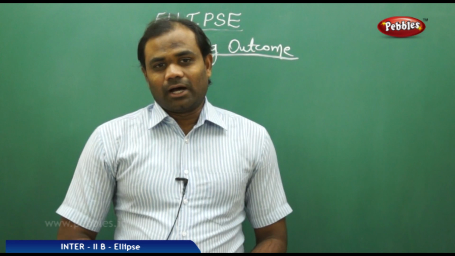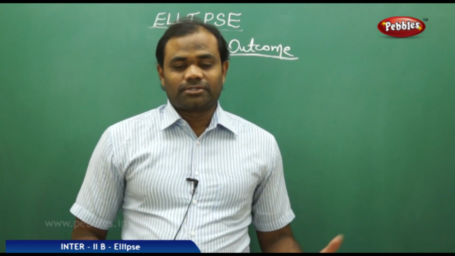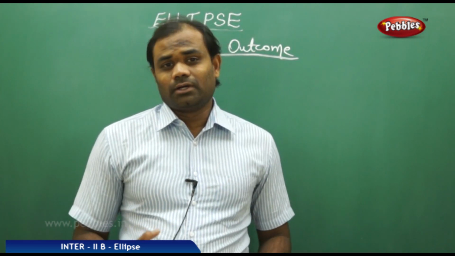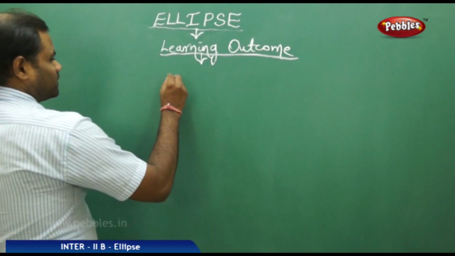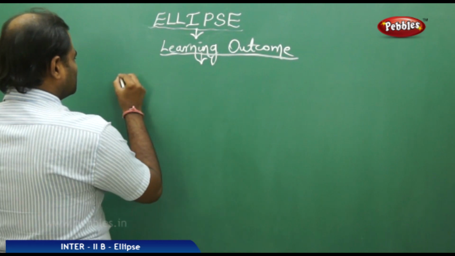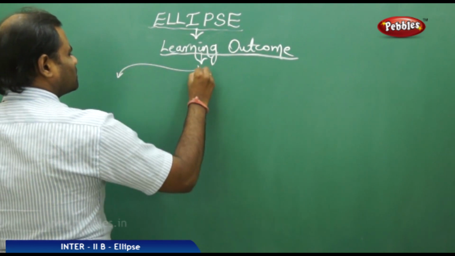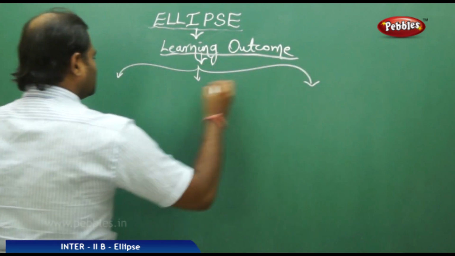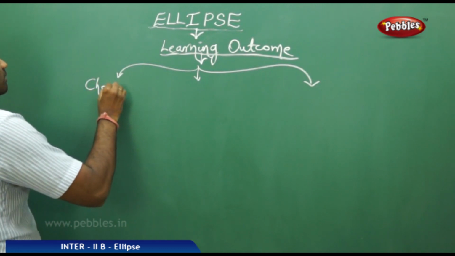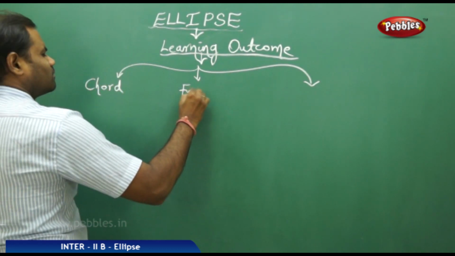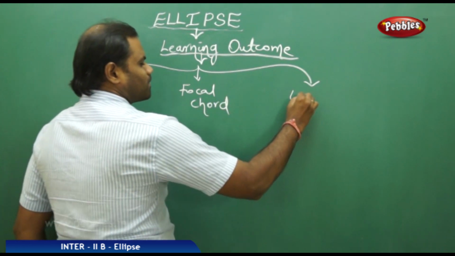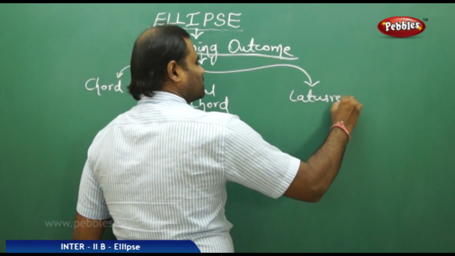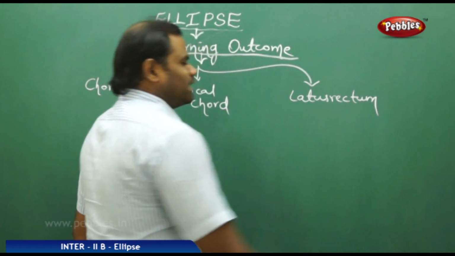Now let's see the learning outcome of the three topics which are taken, that is the chord, the focal chord and the latus rectum. As we have three things, one is the chord, the next is the focal chord, and thirdly it is latus rectum.